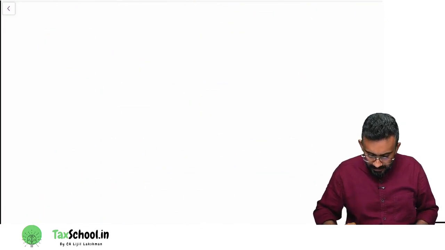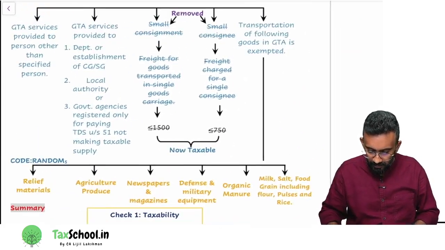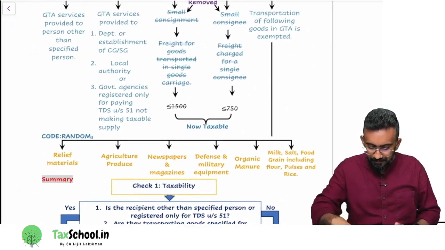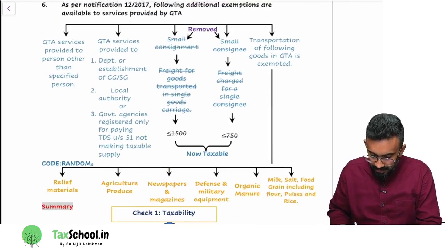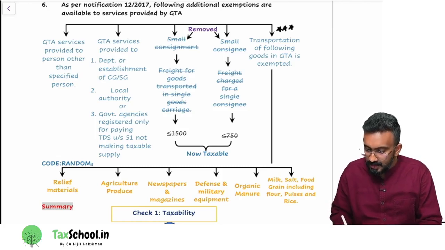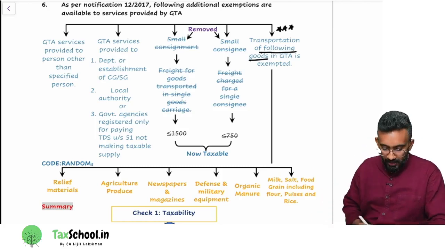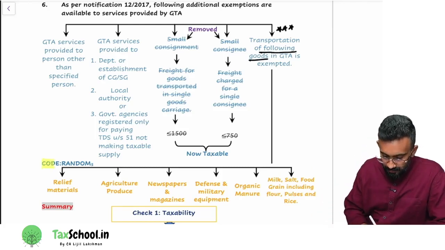Look at the additional exemption that I have written here. Transportation of the following goods by GTA is also additionally exempt. What is the code word for those goods?